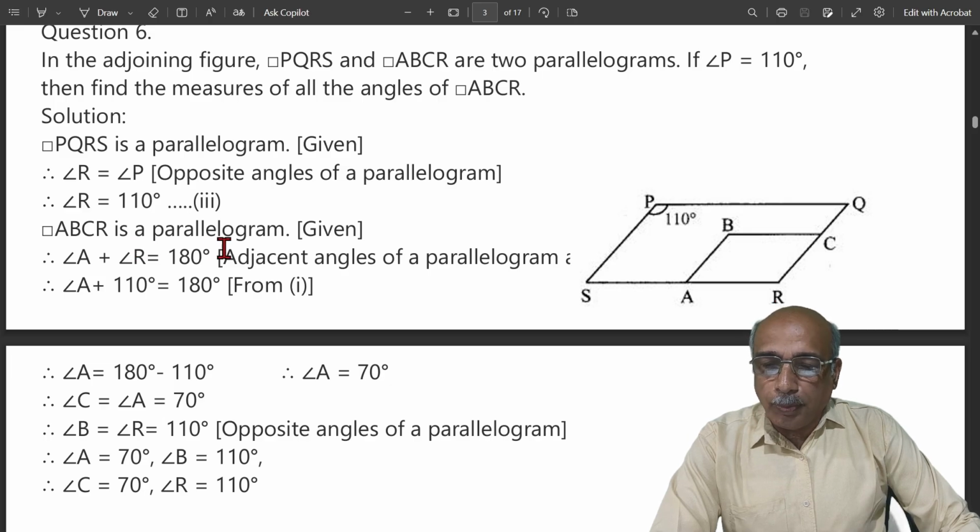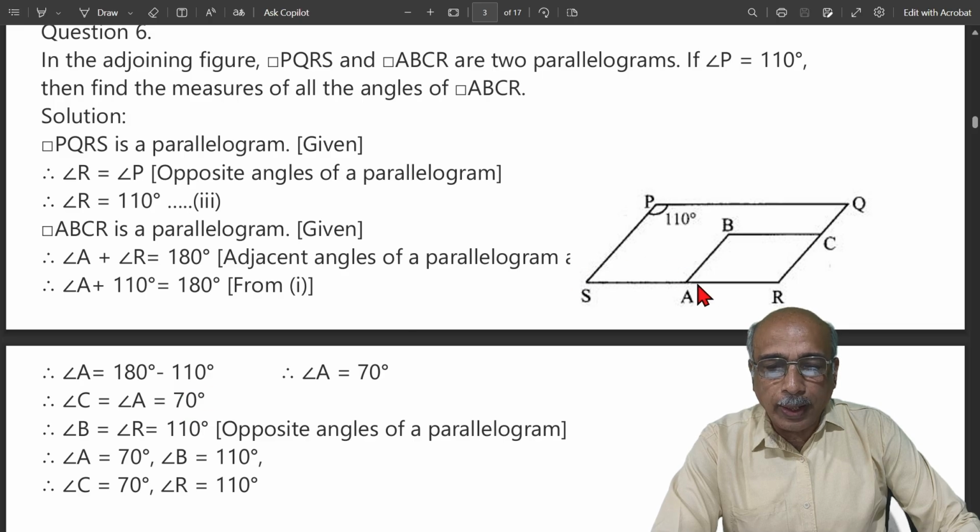Quadrilateral ABCR is a parallelogram. Therefore, angle R and angle A are adjacent angles. So they are supplementary. If angle R equals 110 degree, then angle A will be equal to 70 degree. That is, angle A plus 110 degree equals 180 degree. Angle A equals 180 minus 110 equals 70 degree.